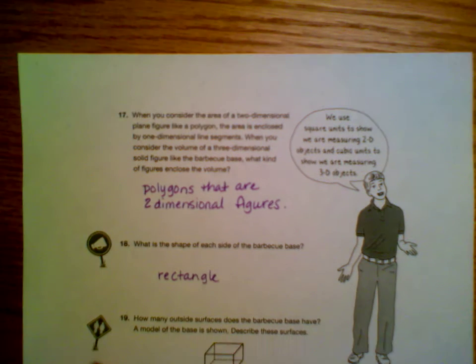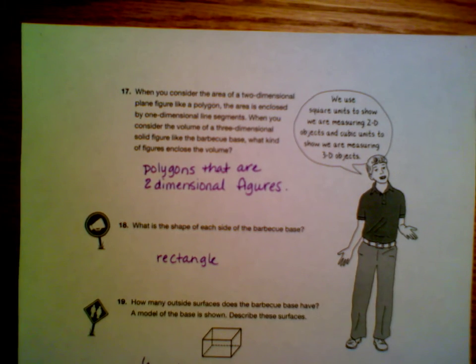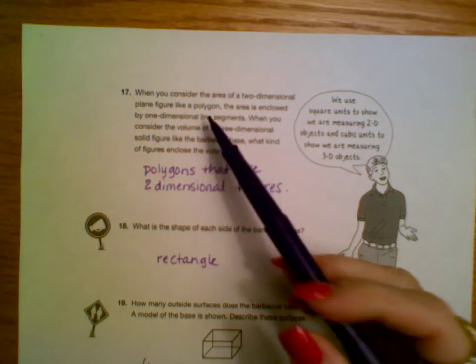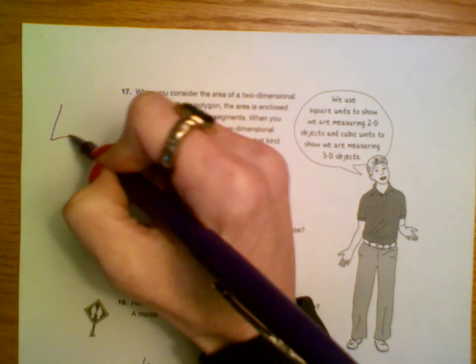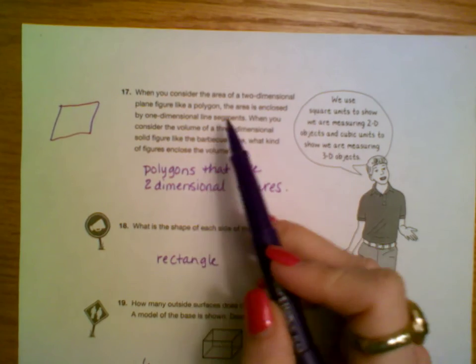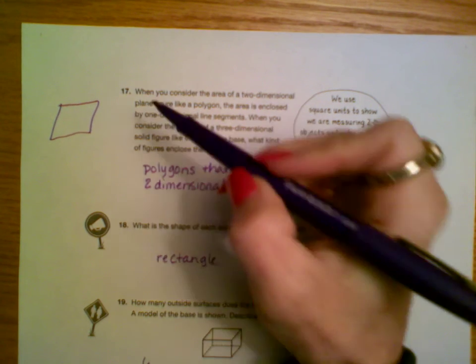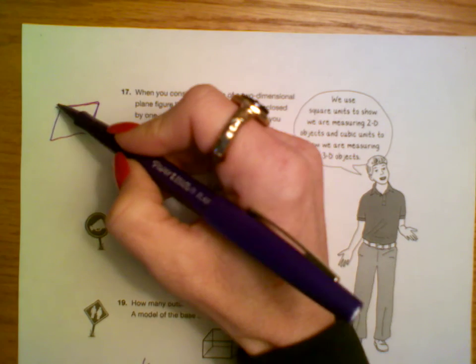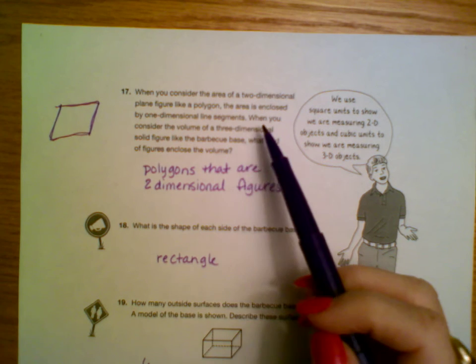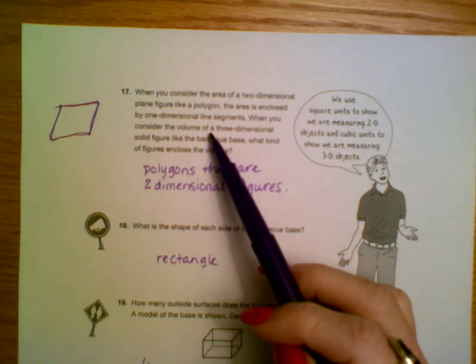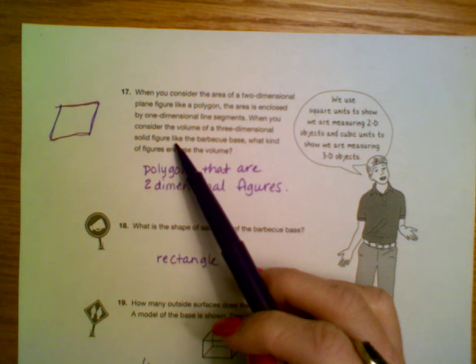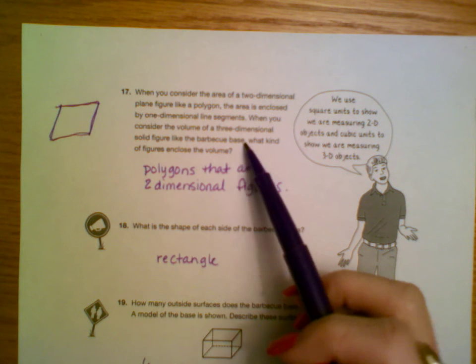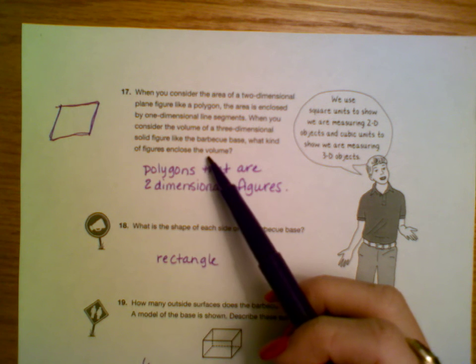So when you consider the area of a two-dimensional plane figure like a polygon, say this, the area is enclosed by one-dimensional line segments. So it's enclosed by all these line segments. When you consider the volume of a three-dimensional figure, like the barbecue base, what kind of figures enclose the volume?